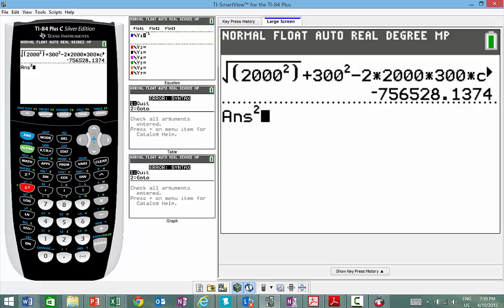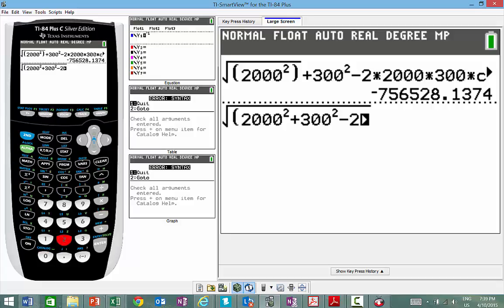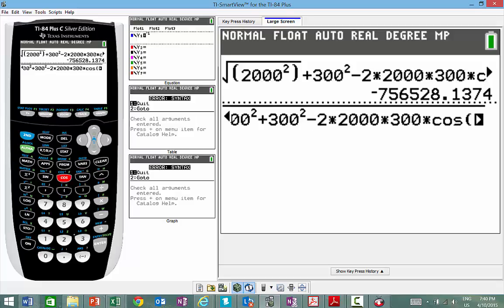Make sure you understand whether your calculator is giving you the right answer. So you've got to put it in there correctly. I'll use my brackets. 2,000 squared plus 300 squared. Take 2 times 2,000 times 300 times cosine of 45.